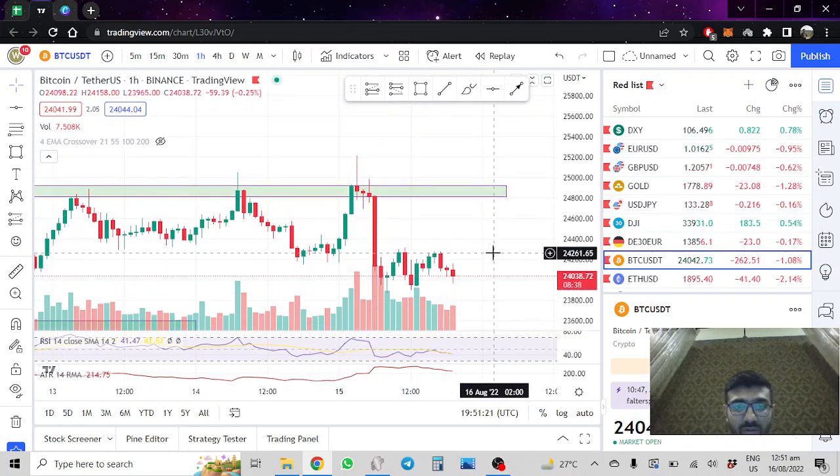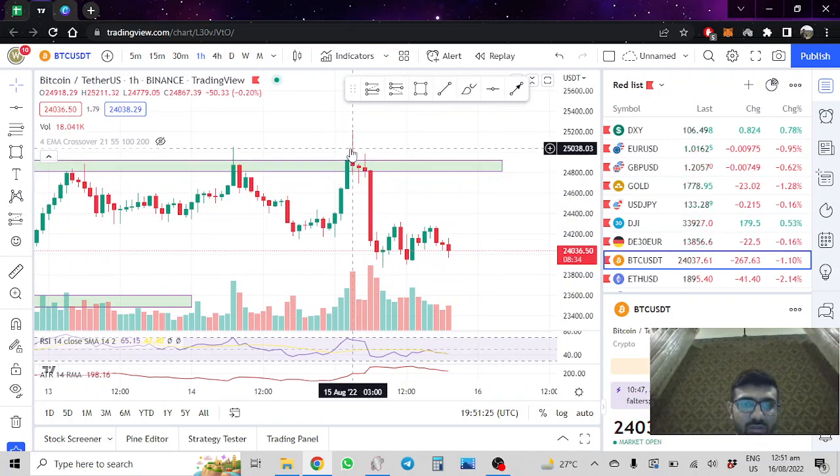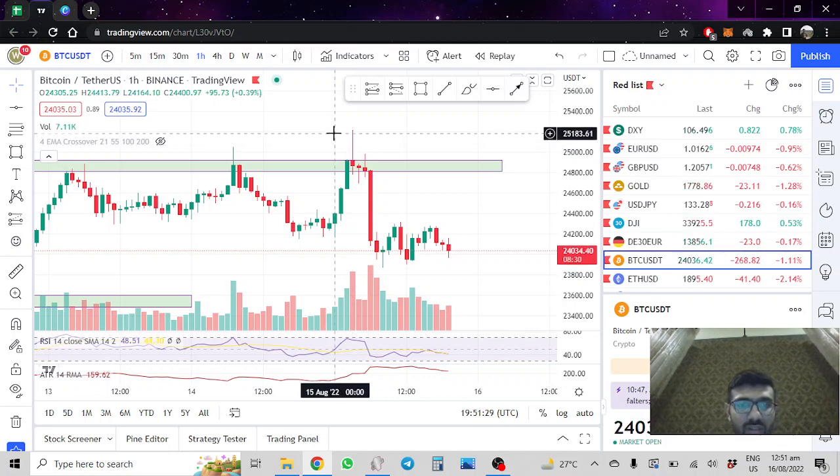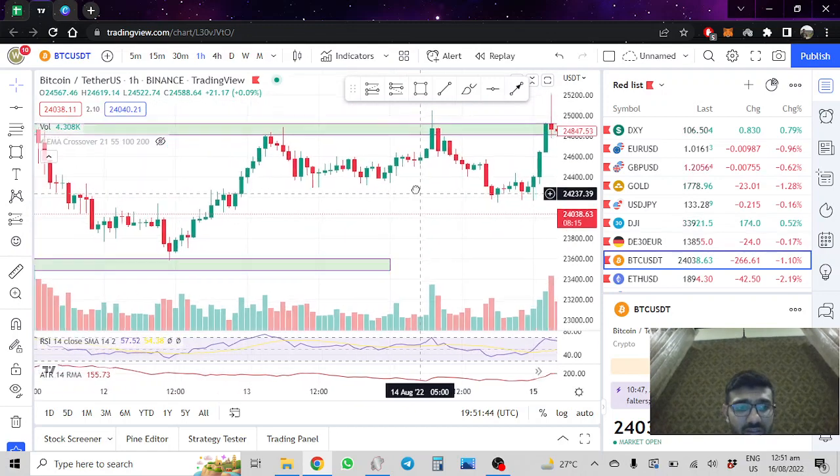The people who are shorting the pair must have stop losses somewhere around here or maybe over here. These are the liquidations that every currency loves doing, which is taking out the stop losses of mainly retail traders. That's what smart money loves as well.